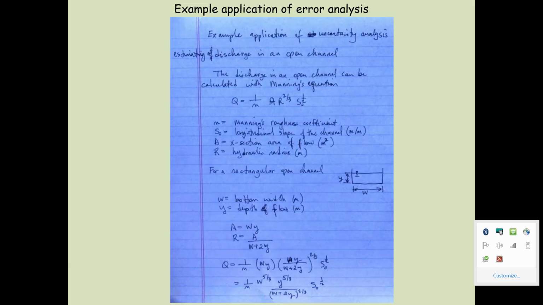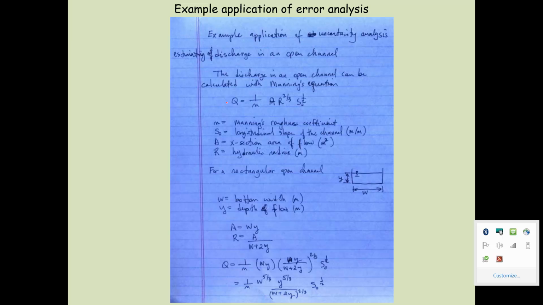It's got vertical sides and a flat bottom. It's got a certain width and a certain depth to it. And we have measures of variables and parameters for that channel at a number of different locations in the channel. What we want to do is estimate what the discharge is in the channel from those measurements. So let's go through formally to quantify the function that we're interested in, the parameters and variables.